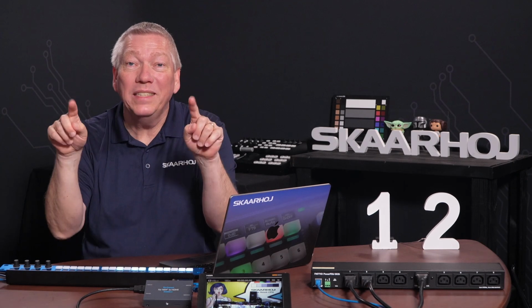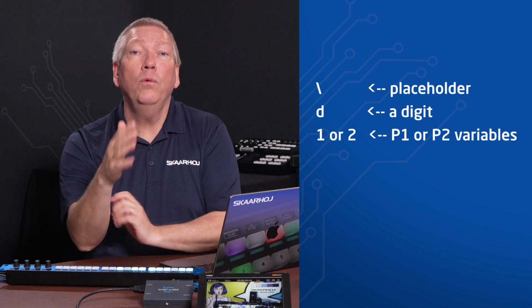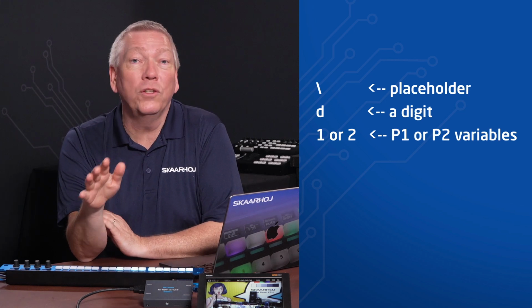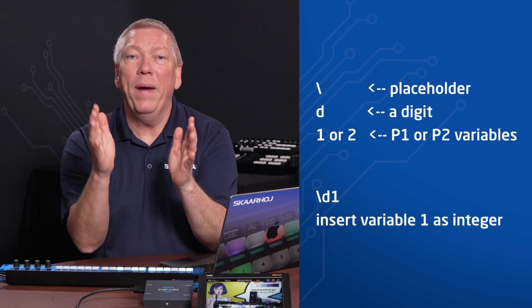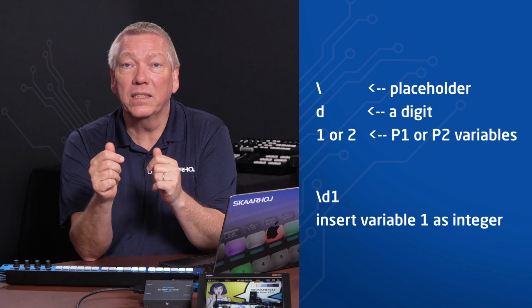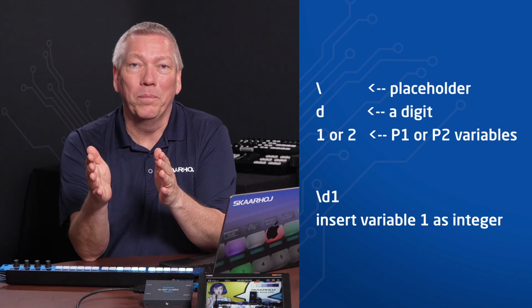Backslash means this is a placeholder. D means a digit, and 1 and 2 are the P1 and P2 variables we set on the button. So \d1 means insert variable 1 as an integer.